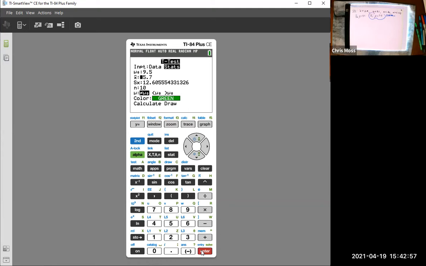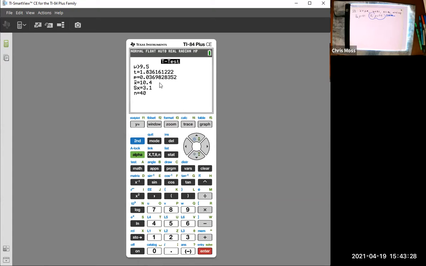Sample mean 10.4. Standard deviation 3.1. Sample size 40. We have a right tail test. And we'll go ahead and calculate that.